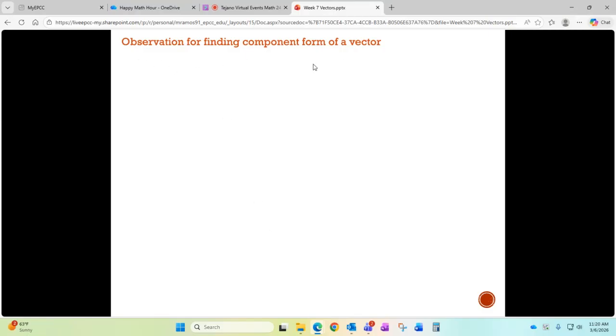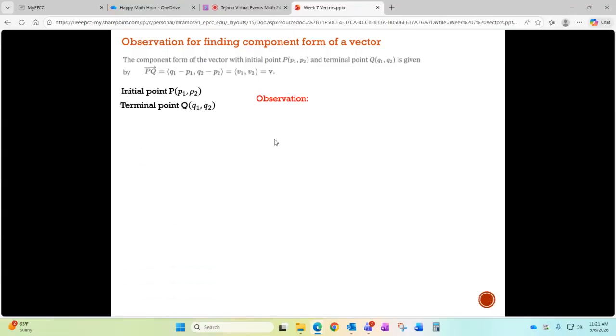Okay, so let's look at another cool way of finding the component form of a vector. Going back, here's our formula for the component form for the vector. You have your initial point, P1, P2, and terminal point, Q1, Q2. Now look at this cool observation.